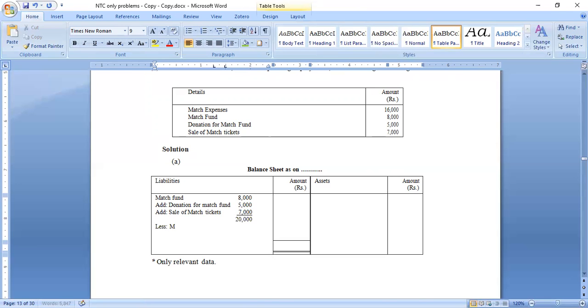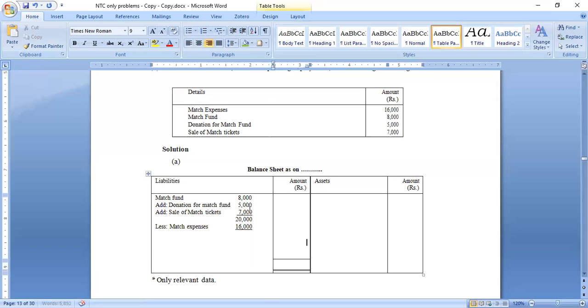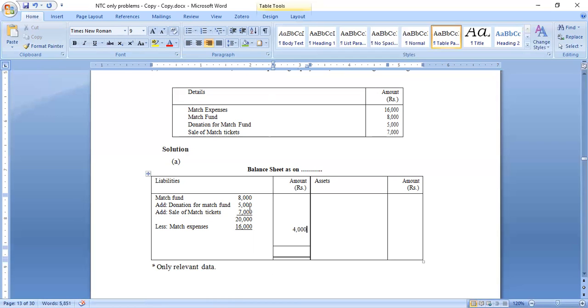Less match expenses, 16,000. So the remaining balance is 4,000. So 4,000 we have to show on the liabilities side.